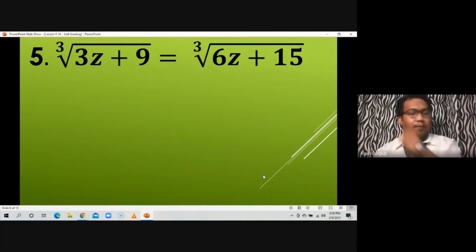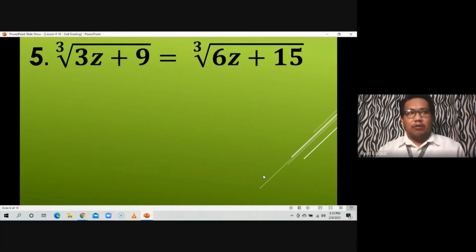So the given for number 5 is cube root of 3z plus 9 is equal to the cube root of 6z plus 15. So since both of them are cube root, sinabi natin ngayon na dapat sa kabilang one side is the radical term whose variable is inside. But in the case of this, pareha sila. So paghiwalayin mo silang dalawa.